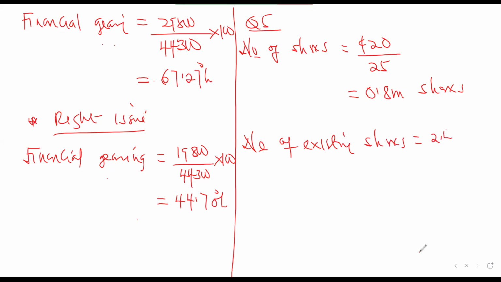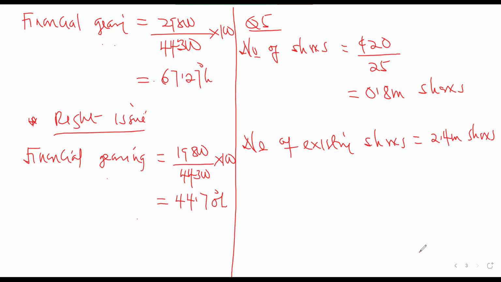The question is, how many times can the 0.8 go into 2.4? Or how many existing shares are you bringing for one new? 3. Okay, you are bringing 3, isn't it?